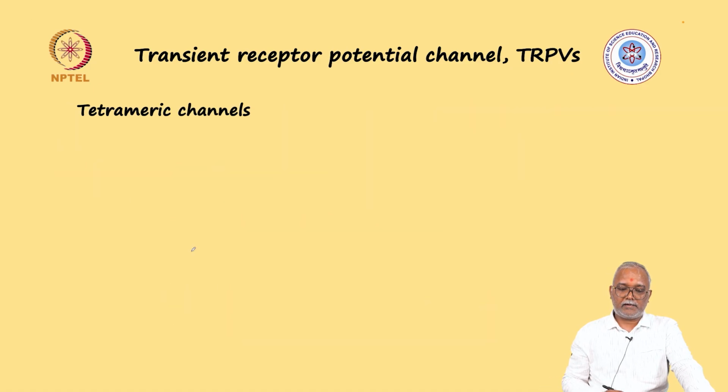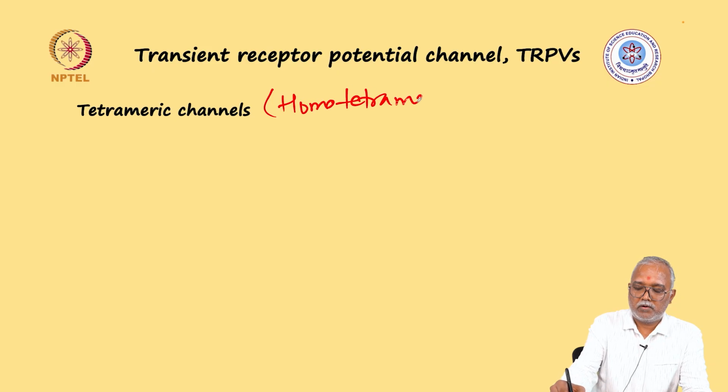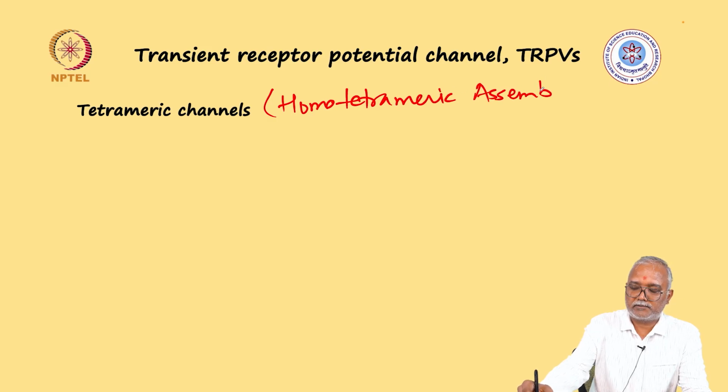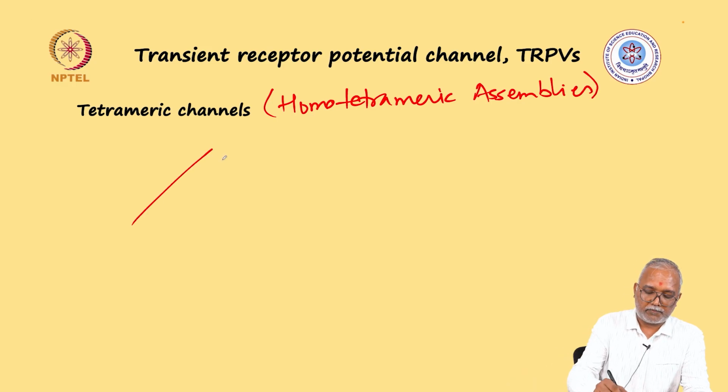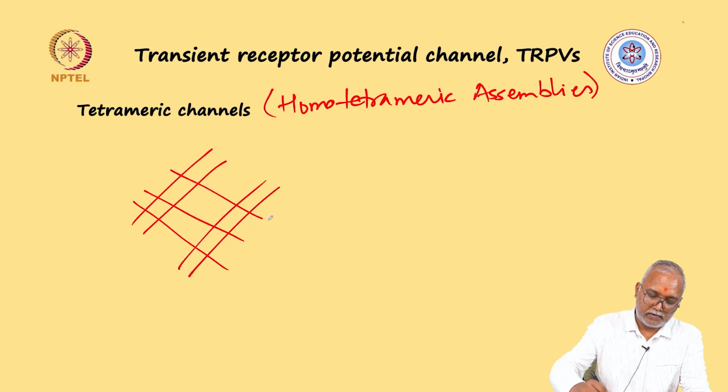So what basically happens to these channels? These are tetrameric channels, homo-tetrameric assemblies. So these 4 subunits, if I say, they are oriented like this.